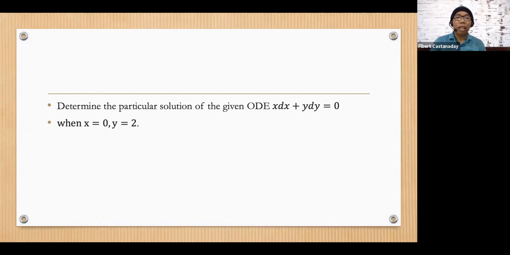For instance, ds over dt. Okay, sige. ds over dt, what's the dependent variable there? S, di ba? Okay. Ano yung independent variable mo? T. Ano pang mga example? dr over dt. Ano yung dependent variable?